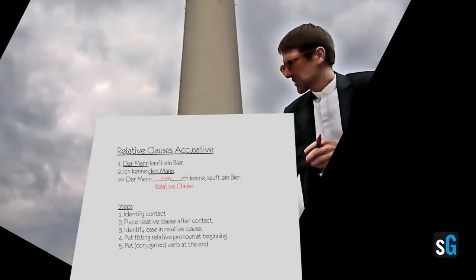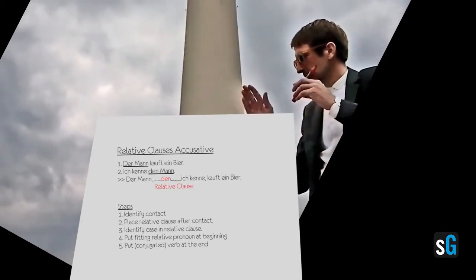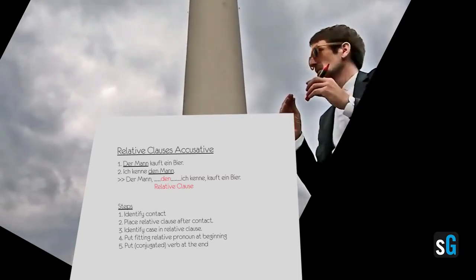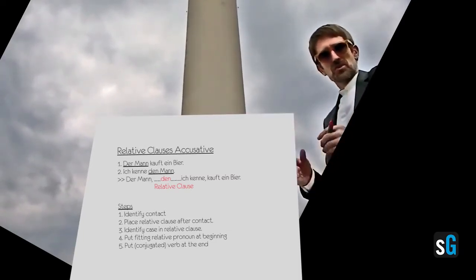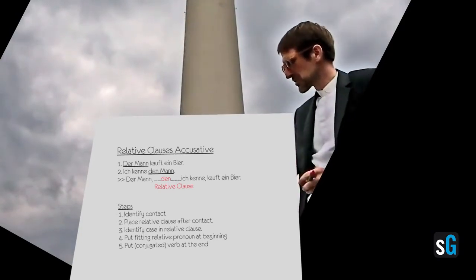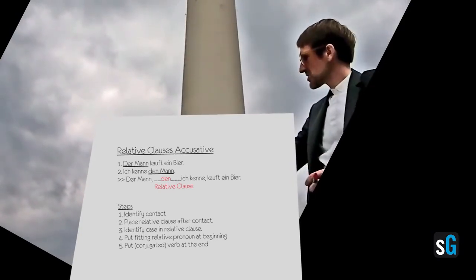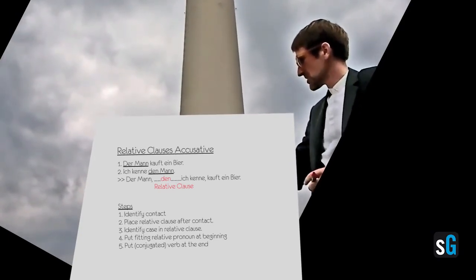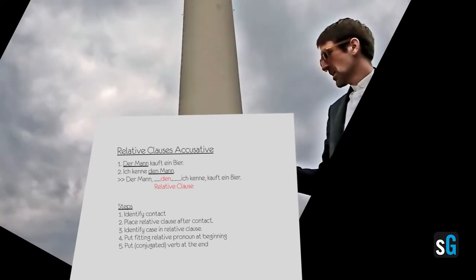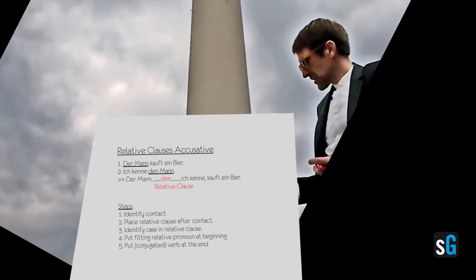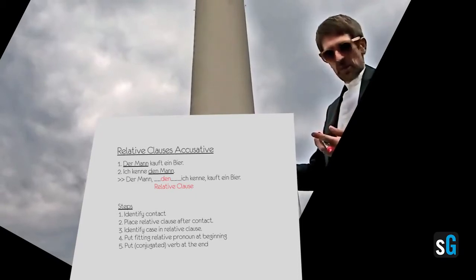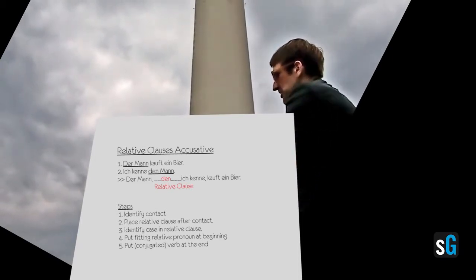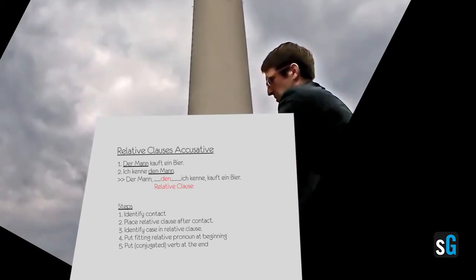I have summarized the steps for you that will help you to crack every relative clause you come across. The first thing you always have to do is to find a connection. In this case it's der Mann and den Mann. Then you place the relative clause, which usually is the second one, right after the connection word.